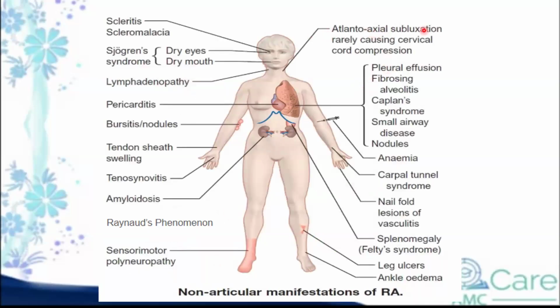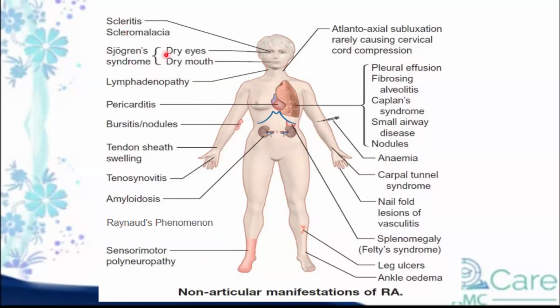Again, atlantoaxial subluxation is also one of the features, right? Then you get some extra-articular features. Scleritis, Sjogren's syndrome. We'll do Sjogren's syndrome later. So remember, Sjogren's syndrome and rheumatoid arthritis, Raynaud's phenomenon, are all associated. So here you have Raynaud's phenomenon, sensory motor polyneuropathy, Sjogren's, rheumatoid arthritis associated, right?